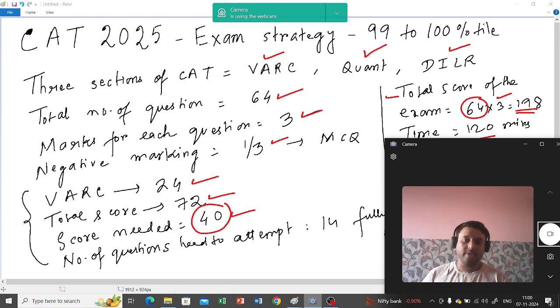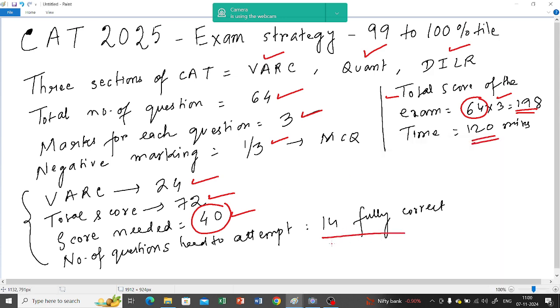I would suggest increasing your accuracy, because if you increase your accuracy, then by answering fewer questions you can get closer to 99 to 100 percentile. But if your accuracy is less, then of course you need to increase your speed so as to compensate for the negative markings. So I suggest increasing your accuracy. That is the reason why I have written 14 fully correct.